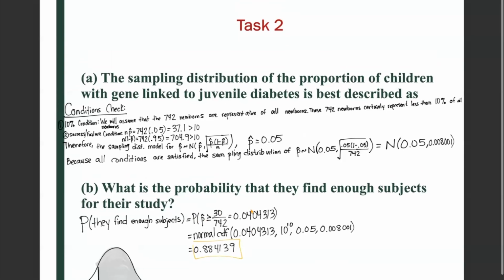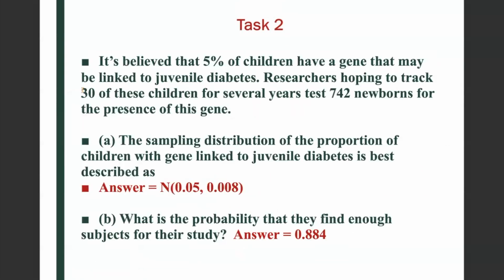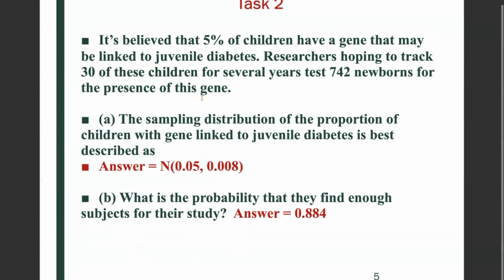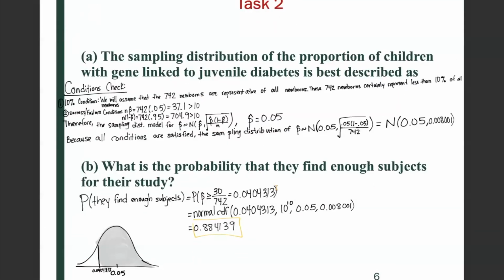And we got 30 from here: researchers are hoping to track 30 of these children for several years. So if they find enough subjects, that means we have 30 or above.